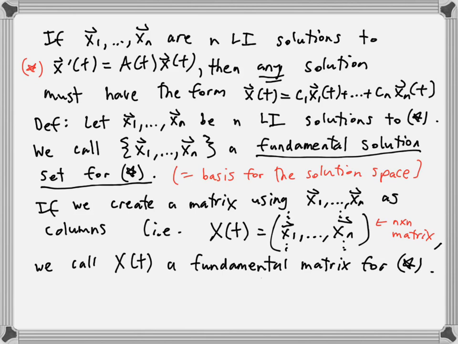This is a really cool compact notation. We could take all n linearly independent solutions and stick them together into a matrix, and then that matrix encompasses all of the solutions.